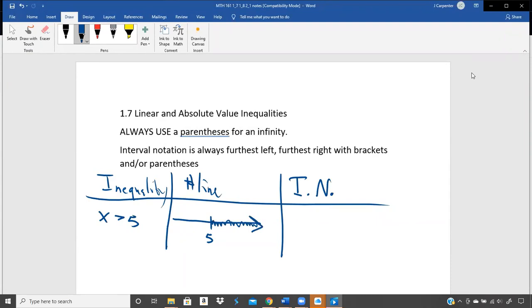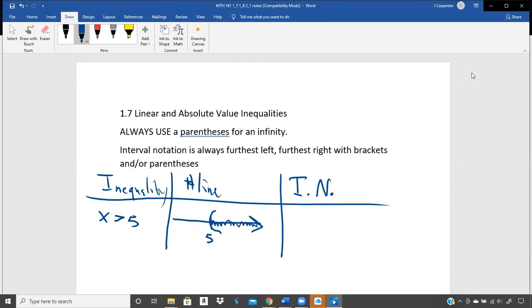Now, you may have come from a class where you did open and closed circles. In this instance, it would be an open circle, but that's not the notation I'm going to be using. We'll still use that notation on 2-dimensional graphs, but what we typically like to use at this level is parentheses and brackets. So parentheses is used whenever you have a greater than or a less than.